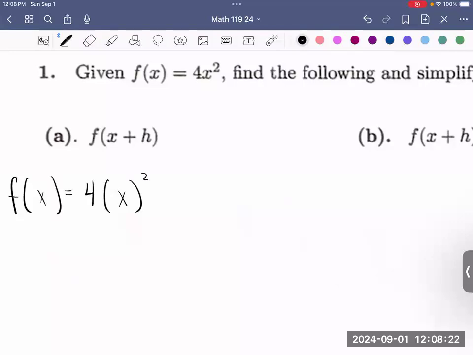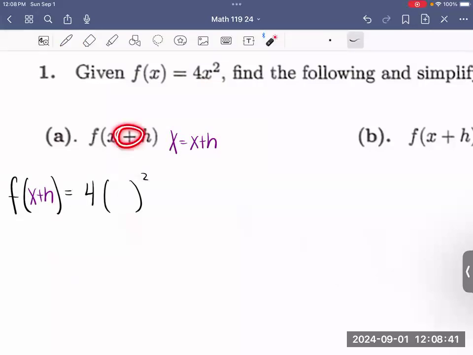Instead of just having x, we are going to evaluate when x is equal to x plus h. So we get to stick that in here, and anywhere we had an x variable, much like we would do if we were evaluating 0 or 1 or 2, any sort of numerical value, we just stick it into your x here and then evaluate it at a specific number.